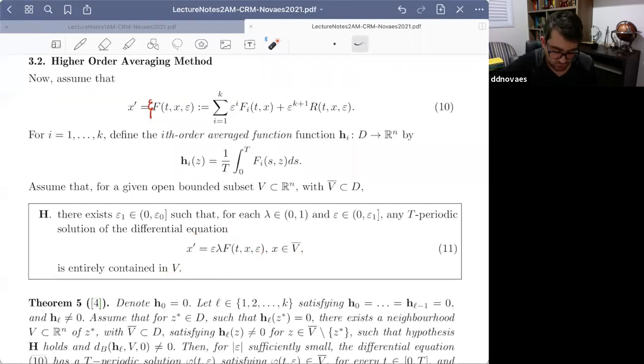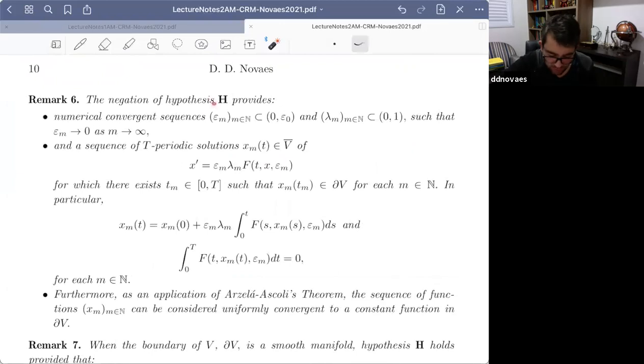So when we assume its negation, we obtain numerical convergent sequences epsilon m and lambda m, because it must be true for every epsilon and lambda. The negation implies the existence of sequences epsilon m belonging to (0, epsilon 1) and lambda m belonging to [0,1], such that epsilon m converges to 0 and lambda m converges to some lambda bar in the closed interval [0,1].